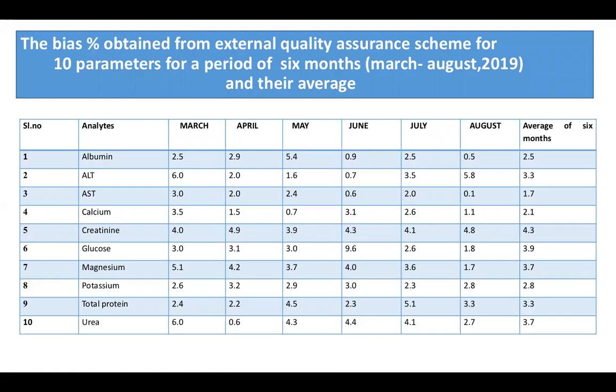But now, bias percentage, in the month of April it is 2.9 and in June it is 0.9. So in our IQC, performance is better in April, but in our EQAS, performance is better in June. So now how to decide whether some action is required or not?